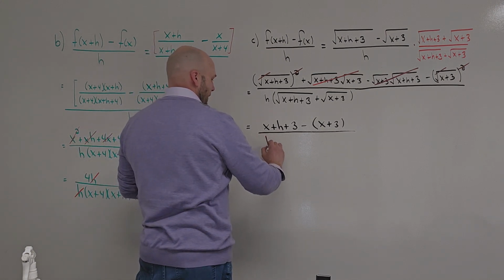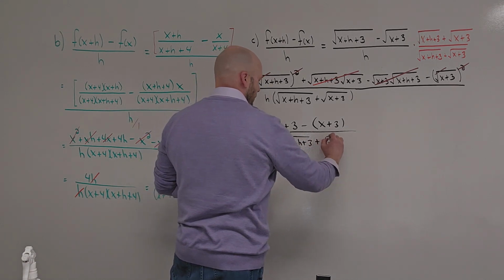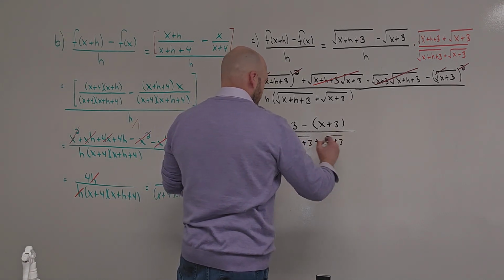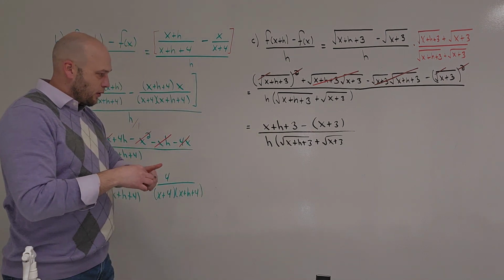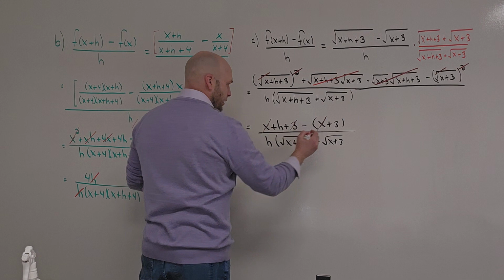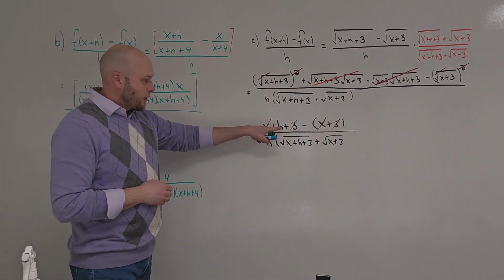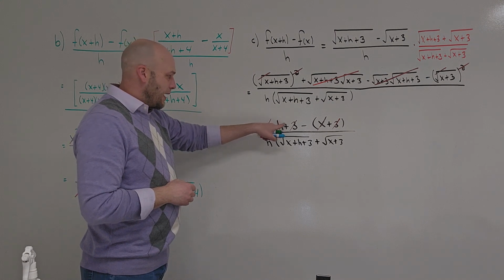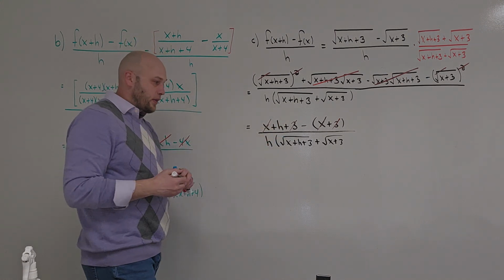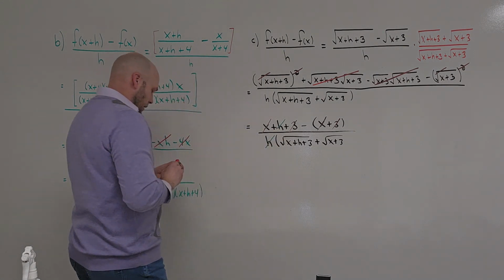And then for my denominator, I've got the square root of x plus h plus 3 plus the square root of x plus 3. You can see in that numerator that the x's cancel, the 3's cancel, and the only thing left is the h. If the only thing left on top is h, and I've got an h over h, those cancel.